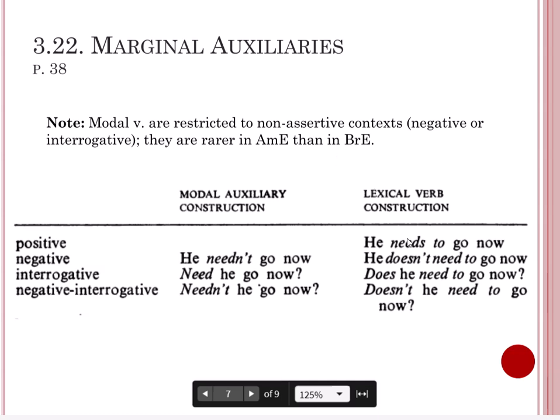The last column shows the lexical verbs in sentences. So with the case of positive sentences, or let's say the assertive sentences, no example for modal auxiliary verbs, but there is an example for the lexical verbs. He needs to go now.